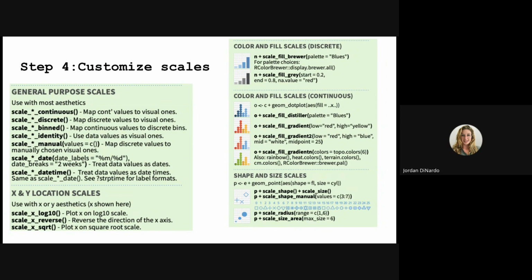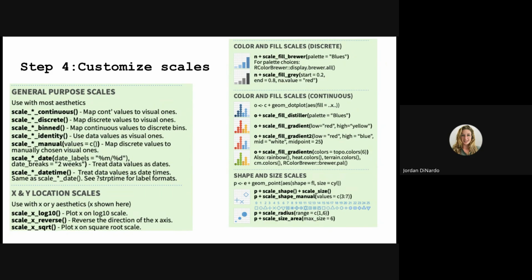That's what you would put in scale X continuous. Manual allows you to have full customization. So scale X manual, scale Y manual allows you full customization there.